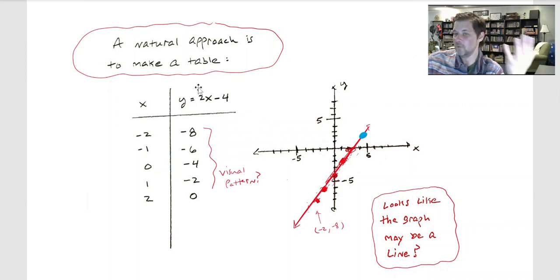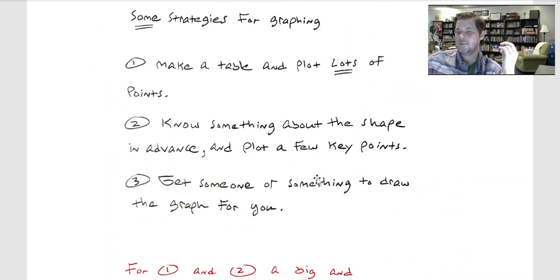If I knew that this was a line to start with, how many points would I need on my table to draw it perfectly? You can draw a line with just 2 points. So the second strategy is, the more you know about what the shape is supposed to be, the easier it's going to be to figure out exactly what the graph looks like, because from there, you might just plot a few key points.